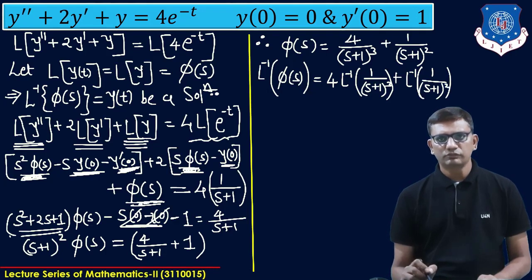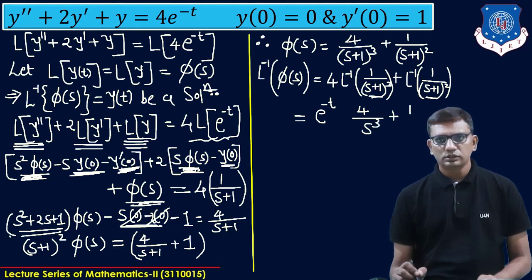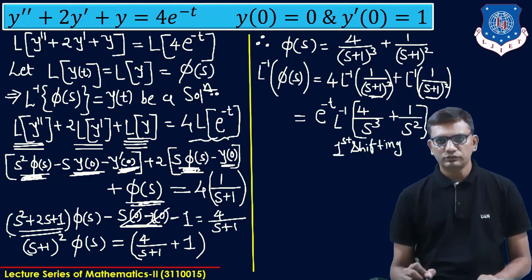Here in both terms we have s plus 1, so it is the first shifting property. First of all, we convert into the s term by multiplying with e raised to minus t into 4 upon s cube plus 1 upon s square, and take the inverse Laplace, which is our first shifting property. Here s is replaced by s plus 1, so we are applying the first shifting property.